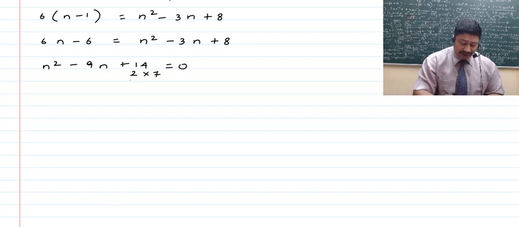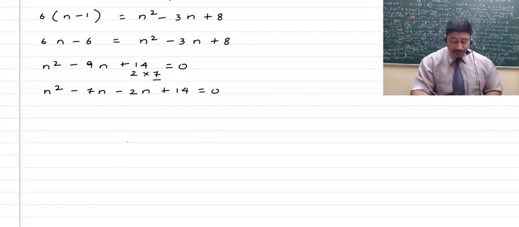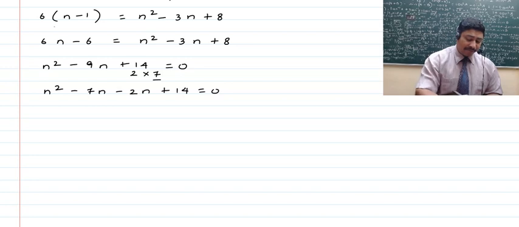From this, now getting to 9 is pretty simple. We can now write this to be n square minus 7n minus 2n plus 14 equal to 0, remember, is equal to 0. Now here, children, remember that as we have 2 minuses and 2 pluses, factorizing this will become perfectly possible.